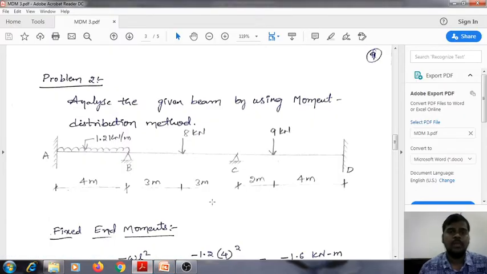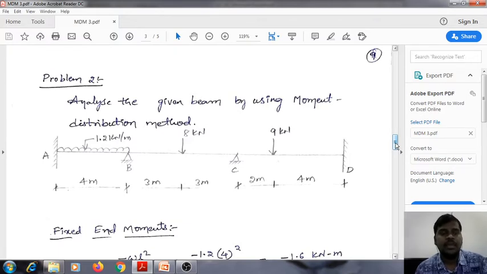This is problem number 2. In the previous video, we learned problem number 1. In this, analyze the given beam by using moment distribution method. We have ABCD as a beam in which B and C are intermediate supports.